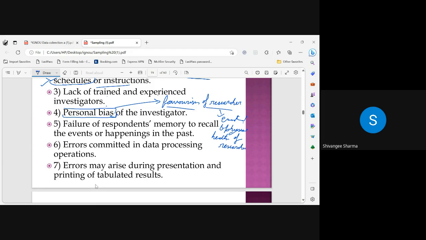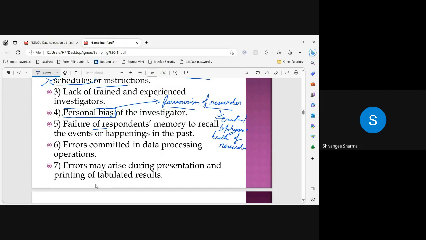So, if that person is not emotionally or physically stable, the results can be affected by the personal bias of the researcher.